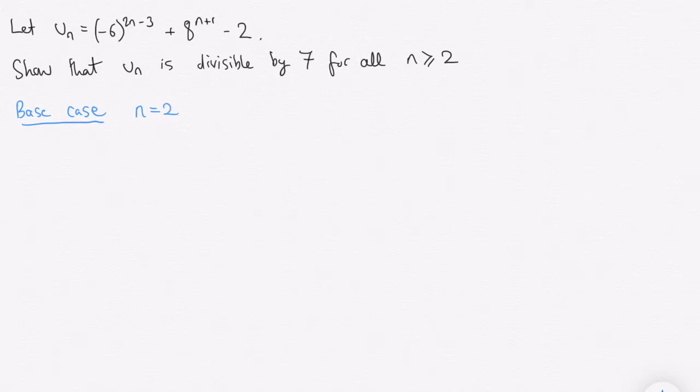And it's worth just checking that when n is 1, this is in fact not even true that this is divisible by 7, because when n equals 1, u_1 is equal to negative 6 to the power of minus 1 plus 8 squared minus 2, and this is not even an integer.